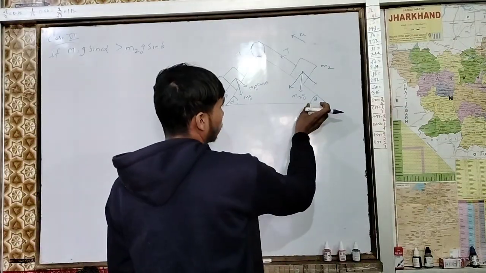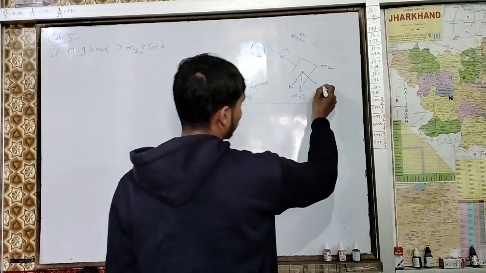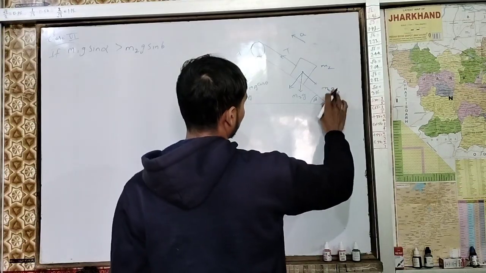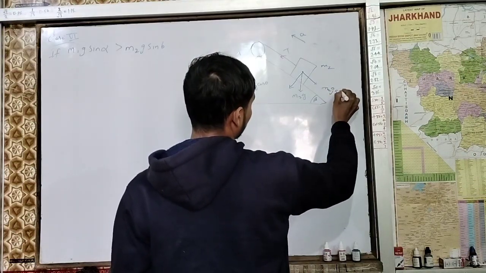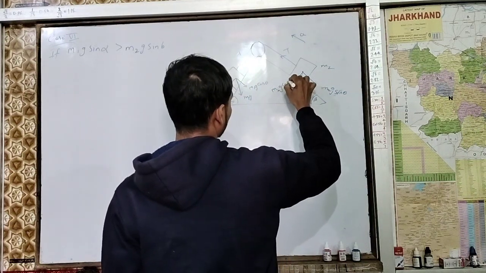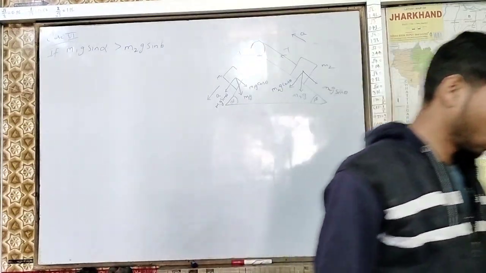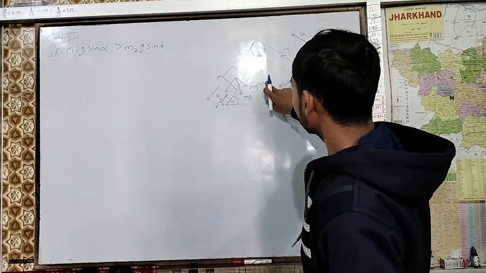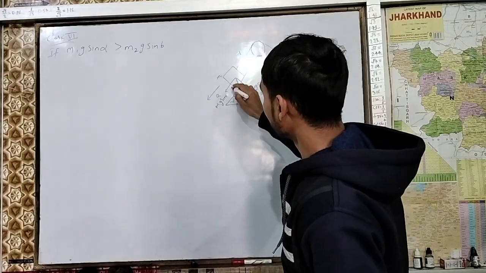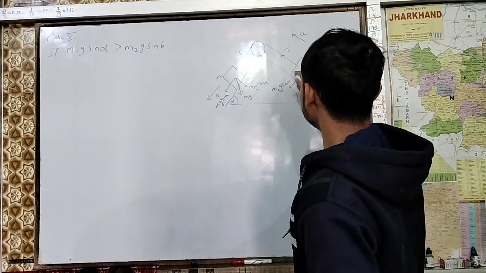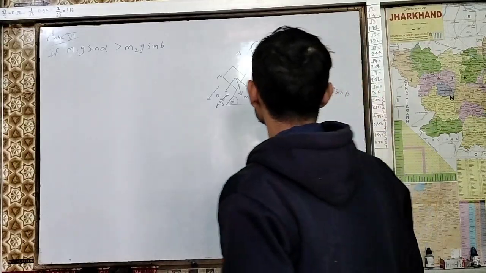So according to this theta, this will be our m2z sin theta, and this will be m2z cos theta. But remember, we have alpha over here and alpha over here, and beta over here and beta over here. Clear? Beta.